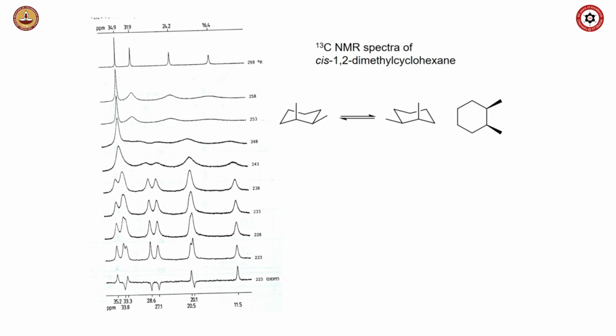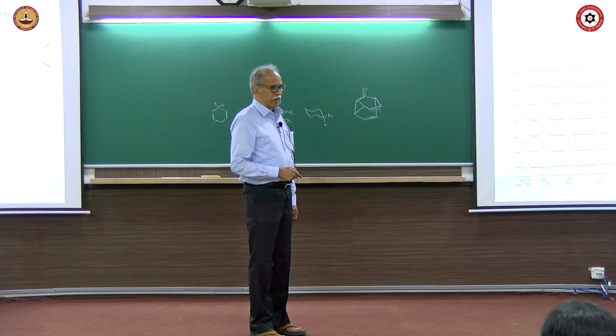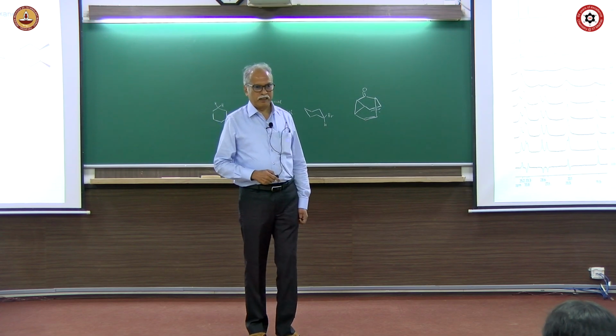In between, what NMR will see is a frozen state, which is here, at low temperature, minus 223 Kelvin. In the frozen state, how many NMR signals will you see? This is carbon NMR, I am not talking about proton NMR.